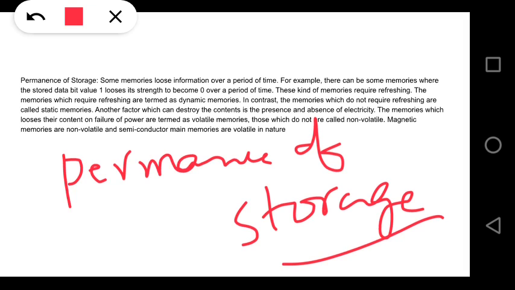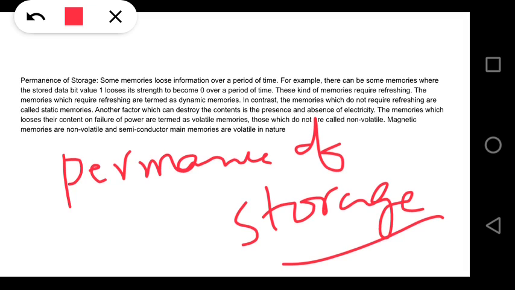Volatility means losing the data in case of power failure. The data is not stored if the memory is volatile. And you know that secondary memory is non-volatile, that is permanent. Though we call secondary memory permanent, in general memory loses information over a period of time, maybe because of dust particles or frequent read and write operations. So there are different reasons for memory losing information over time.